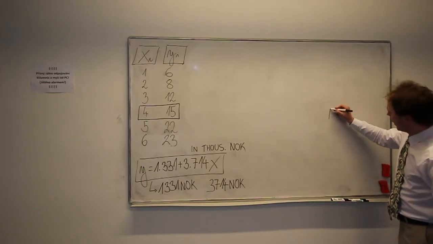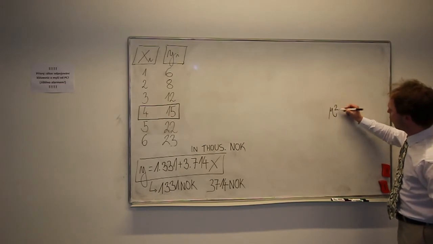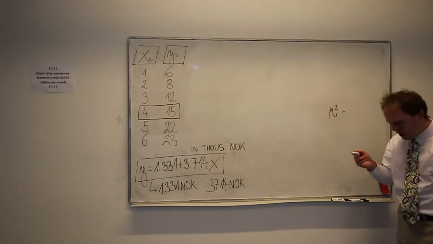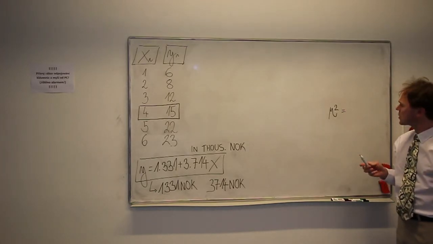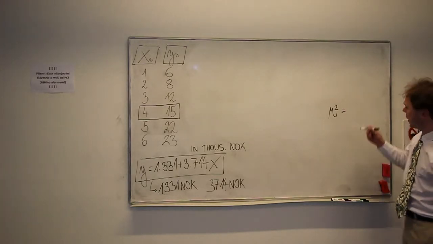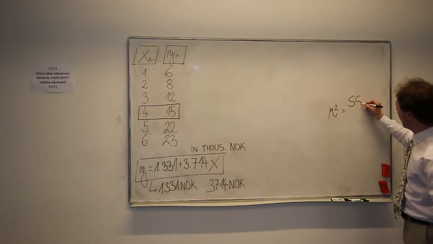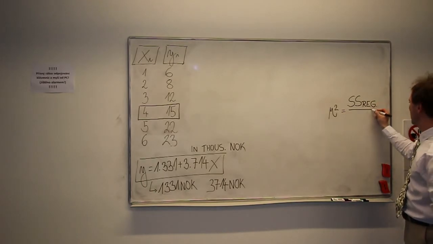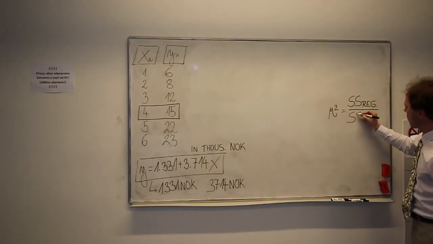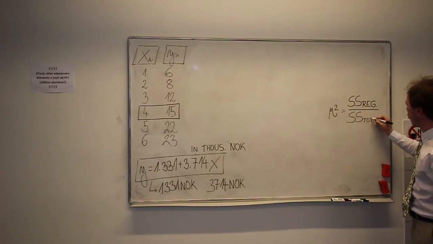For the calculation of r squared, according to your formulas, you need to know 2 sums of squares: sum of squares regression divided by sum of squares total.